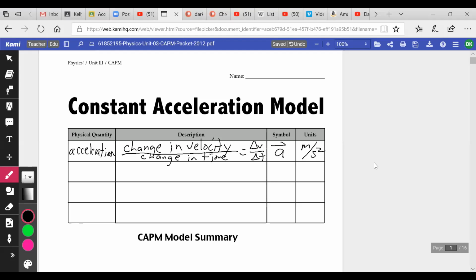So taking a look at the acceleration model again, what other physical quantity can we measure? Now just go back to your homework assignment. What's another quantity that we used in our graphs?